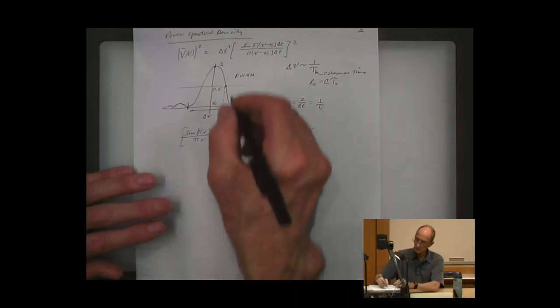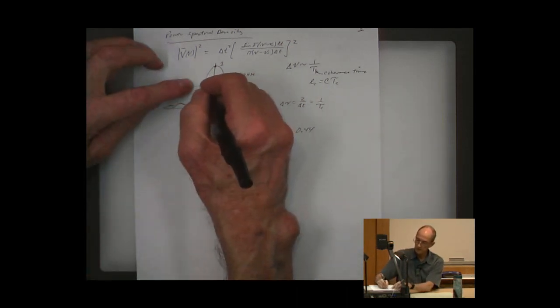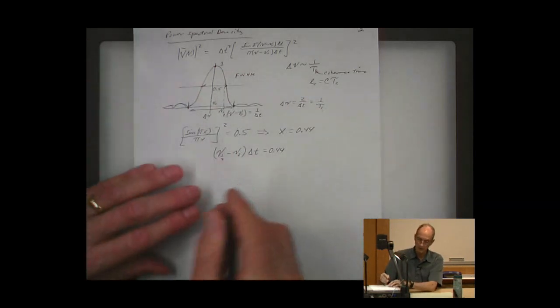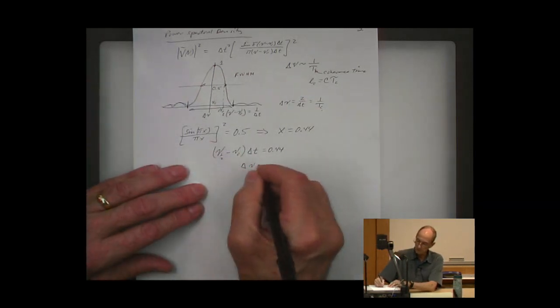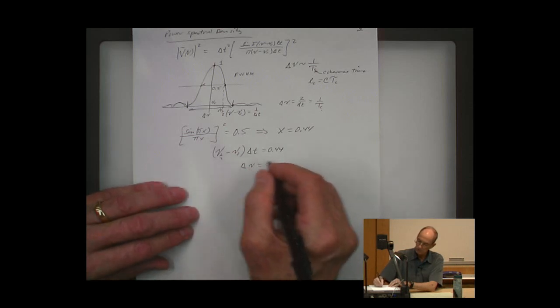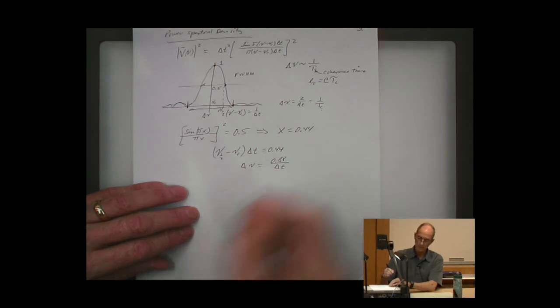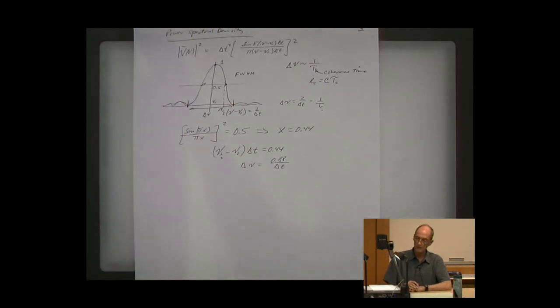But what we actually want is the full width at half maximum, right? So we have to multiply that by 2, all right? So we end up with delta nu is equal to 0.88 over delta t, all right?